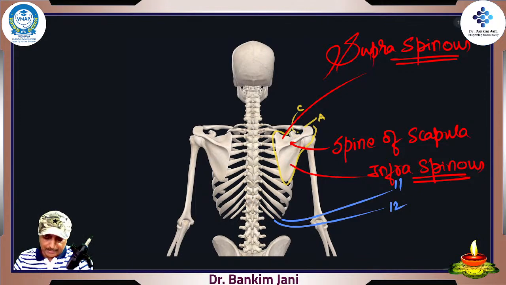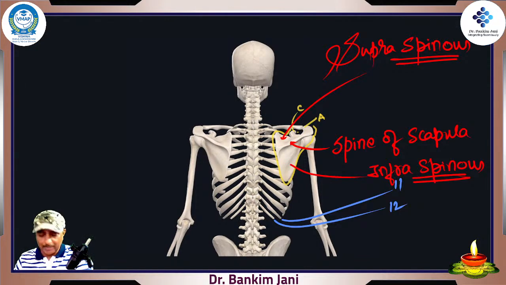So we call these the supraspinatus fossa and infraspinatus fossa. Fossa means place, a pit, in which the muscles will be attached. The names of the muscles are very easy: supraspinatus and infraspinatus.